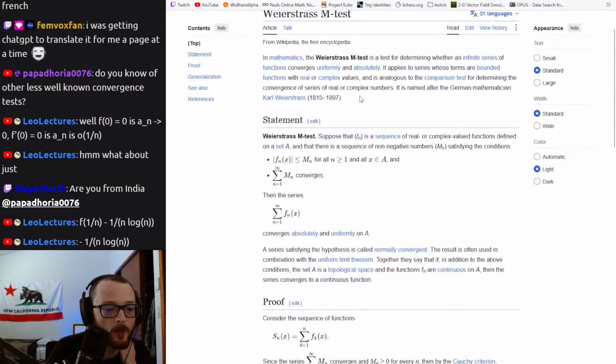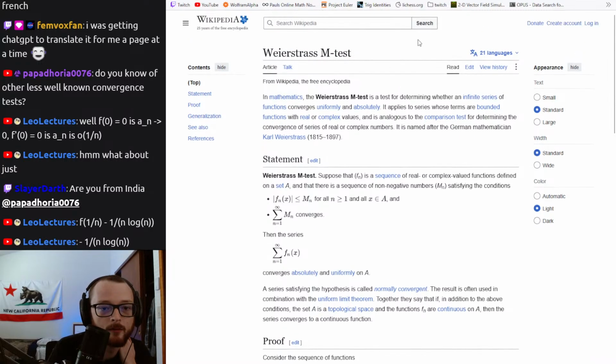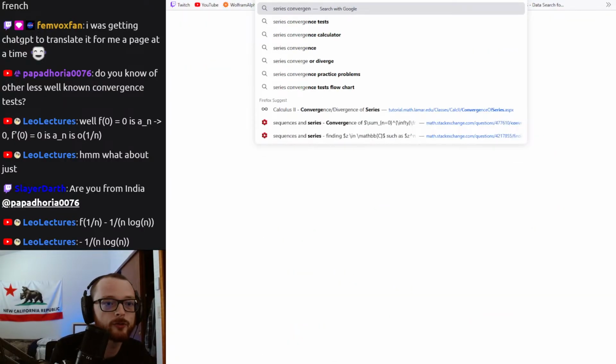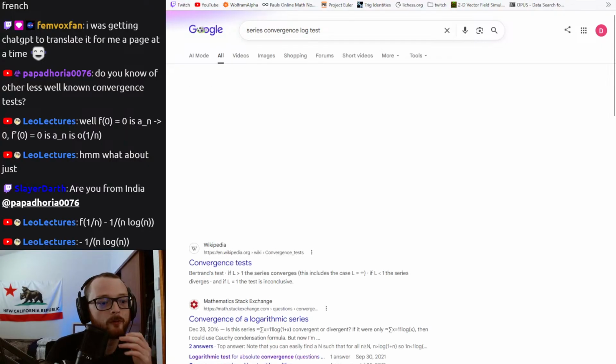And there's one that has to do with logs too. I can't remember the name of it though. Series convergence log test. Let me see if this is enough to bring it up.